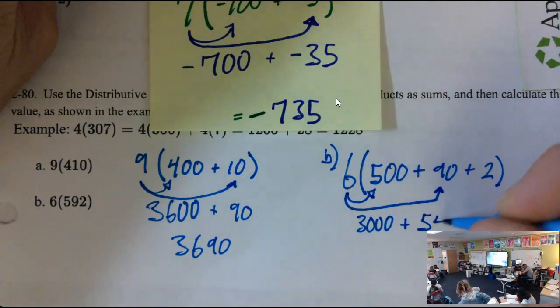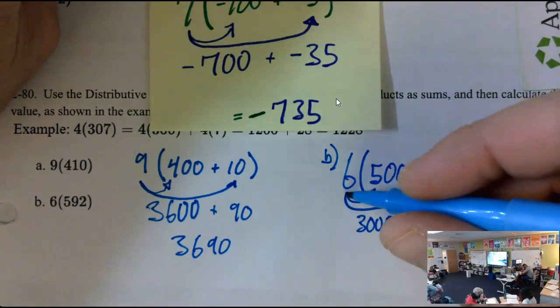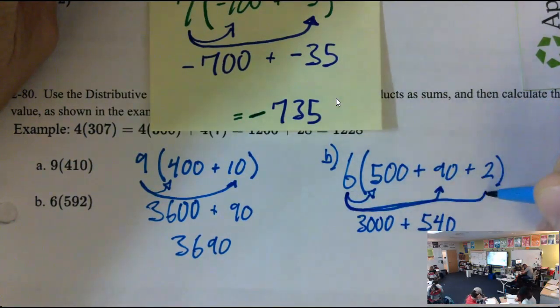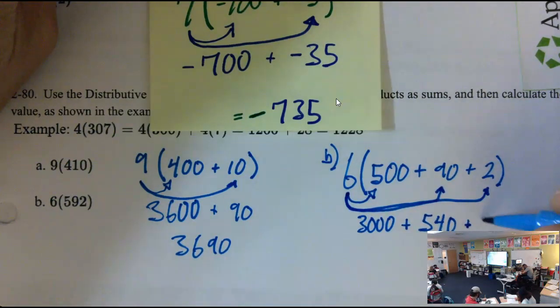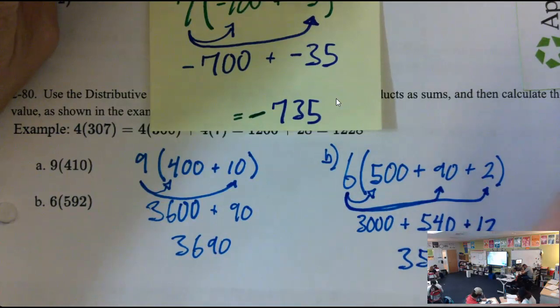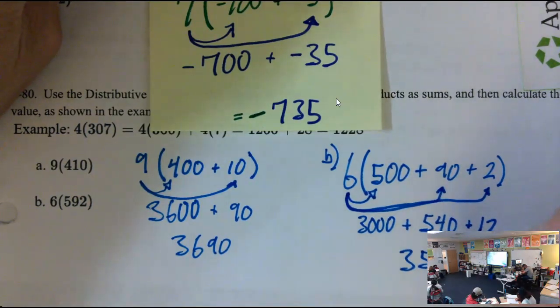And then an extra 0 comes down. And one more multiplication to do. 6 times 2? 12. 3,552.